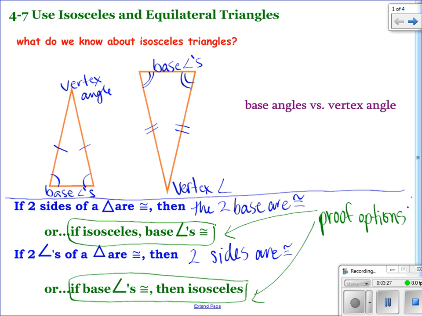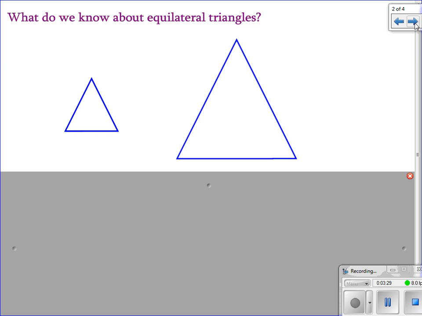Okay. What do we know about equilateral triangles? Tell me a little bit more about the angles. They're all equal, yes. Do we know anything more specific?